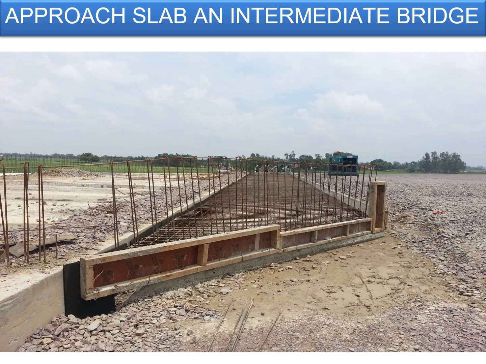So this is the slab which is generally known as the approach slab, which is acting as an intermediate bridge or covering the span between the existing structure and the roadway which is meeting or approaching the structure for completing the project.